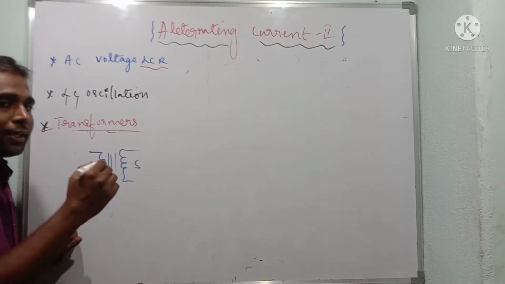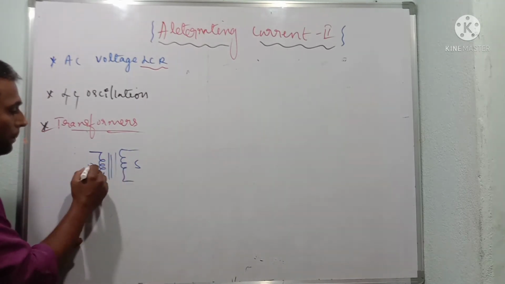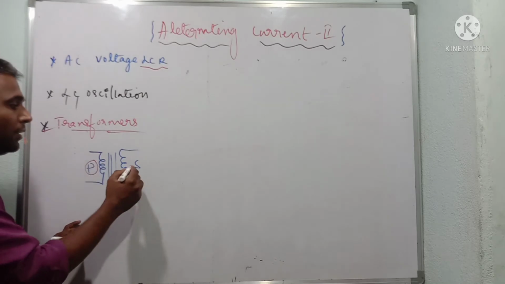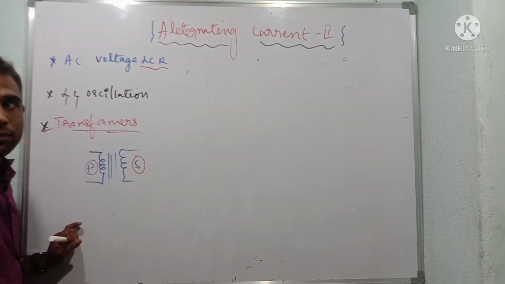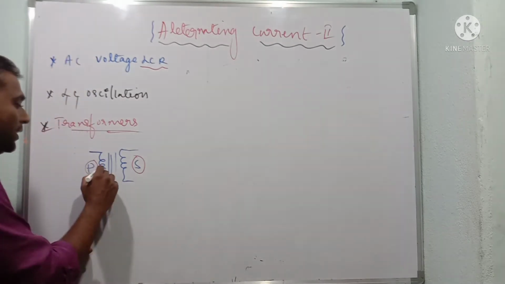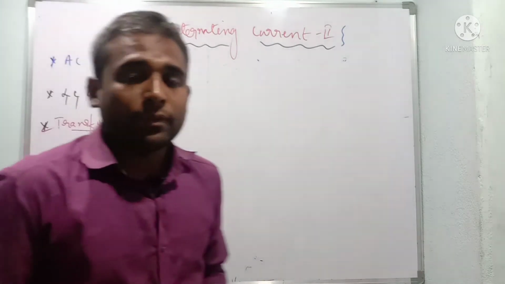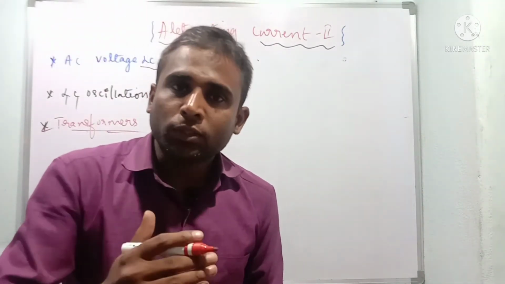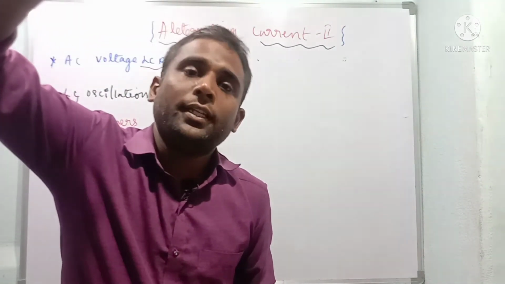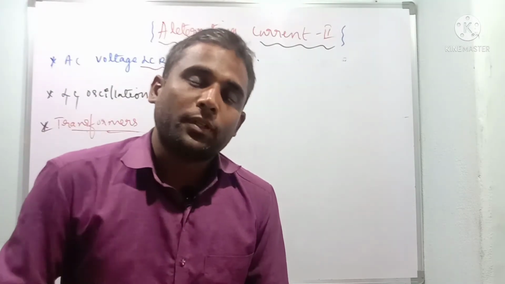We have coiled on the soft iron core, that is copper wire. P is called primary coil, S is called secondary coil. Dear students, what is primary coil? This is the first coil. This is called secondary coil. So what is the meaning of transformer? The device used to increase voltage or decrease voltage, that is called transformer.